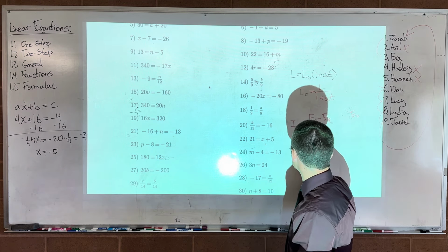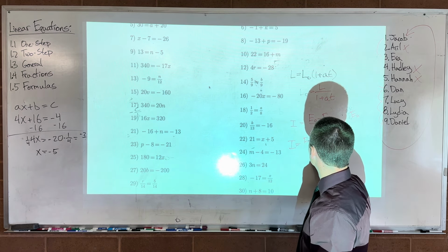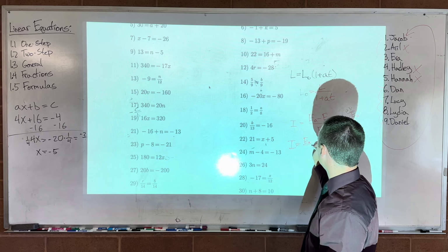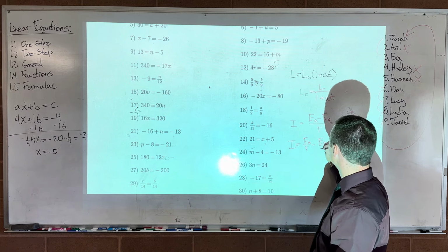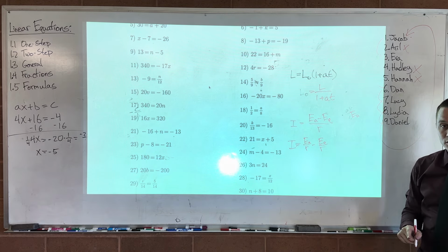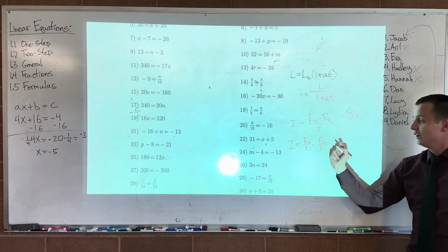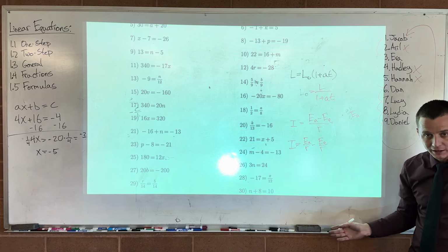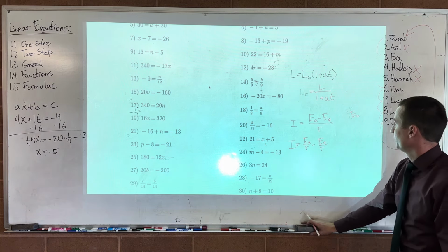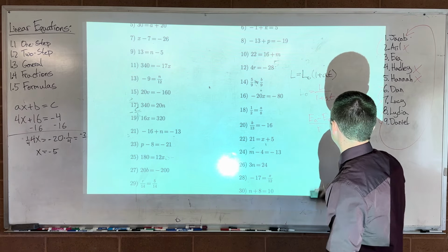Or we could rewrite this as I is equal to E sub A over R minus E sub Q over R. Then add this to both sides, then multiply by the reciprocal. That's one way. But let's do it this other way, just to show you doing it once.